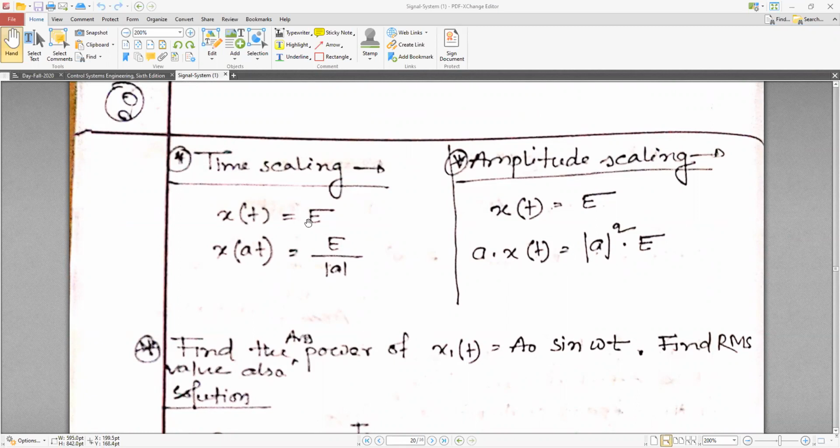Time scaling: x(at), and amplitude scaling: a x(t). See, for time scaling, the value comes in front of t, and for amplitude scaling, it comes in front of the signal itself.